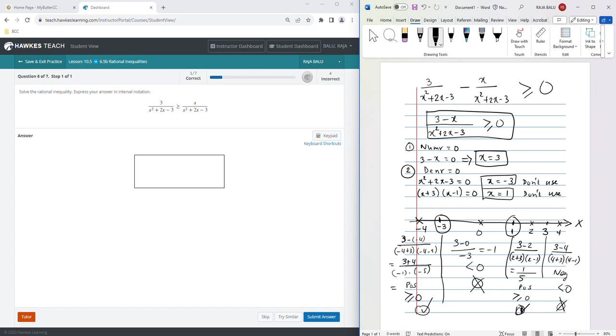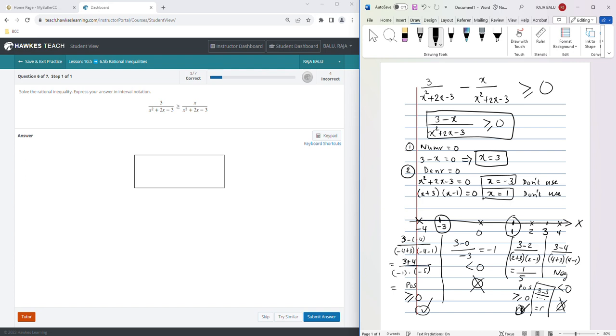So my answer should be in this domain, where minus infinity up to minus 3, where I cannot use minus 3, and 1 up to 3. Now the bigger question is, can we use 3? So special case, if we apply 3, 3 minus 3 goes to 0 in the numerator, divided by something in the denominator that I know is not going to be 0.